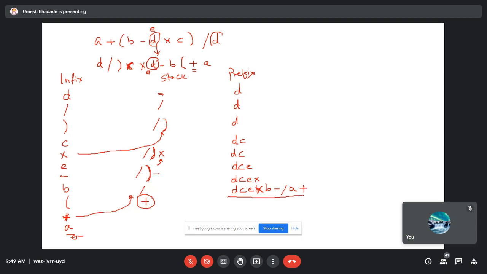So this has become the prefix expression. What is the last step? The last step is to reverse the expression, so what it will become now: plus A slash minus B star C E D.